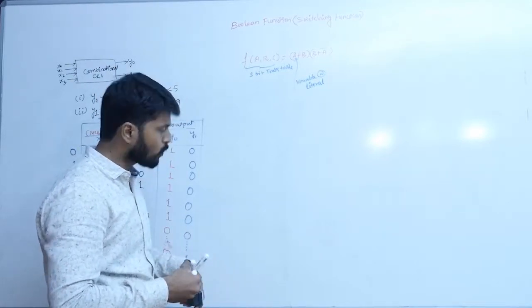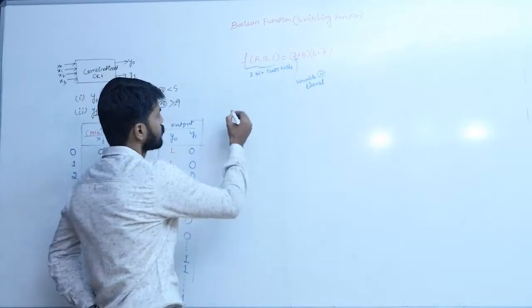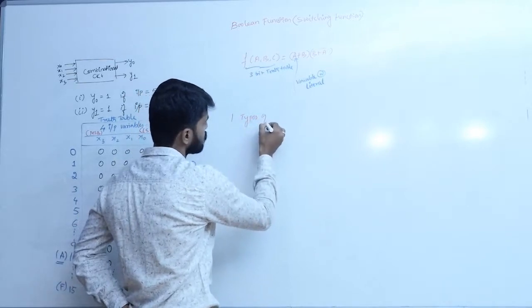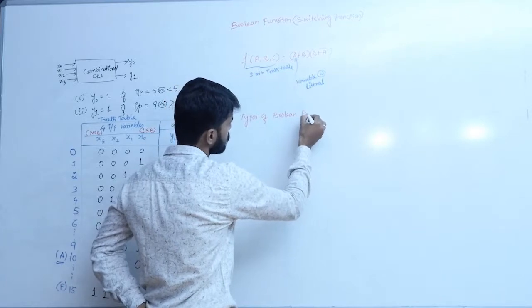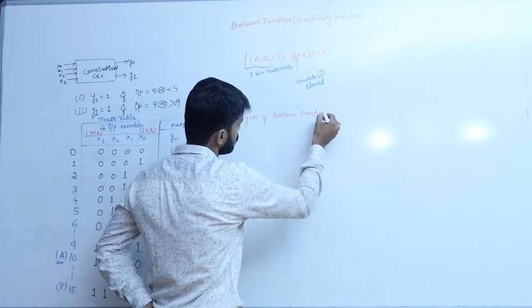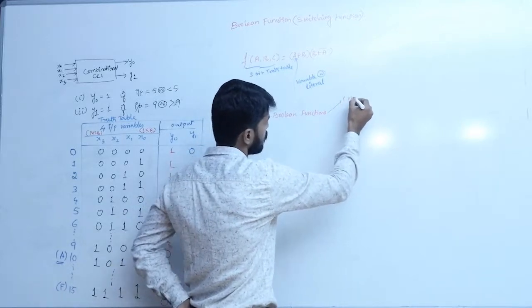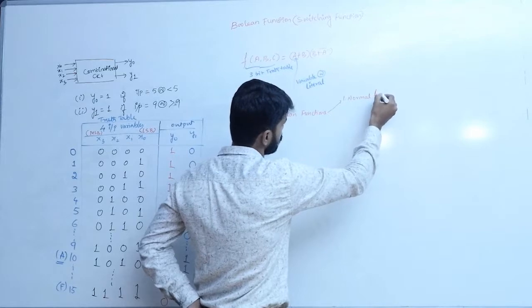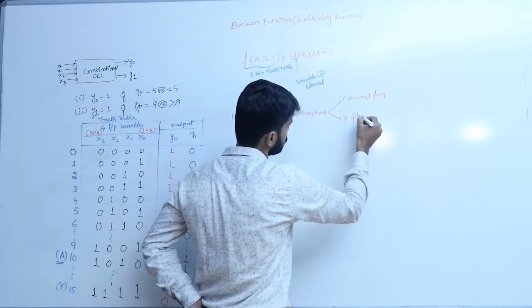Now there are 2 types of Boolean function, as we discussed in the introduction. Types of Boolean functions: one is normal form and another one is standard form.